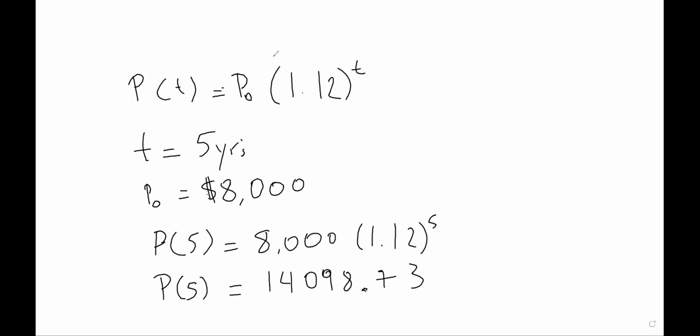It asked us to find the predicted price, right? So we want the price. So you know that the unit that we'll be using is the dollar sign. So we have $14,098.73. So that is our predicted price. And that is question 1 completed.